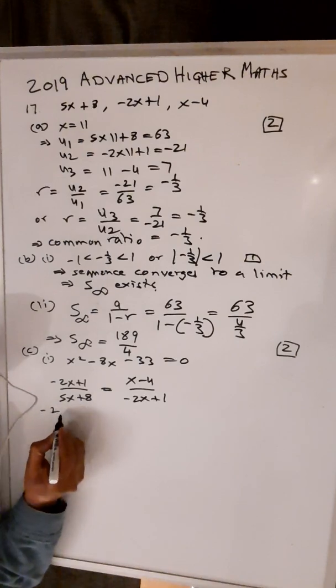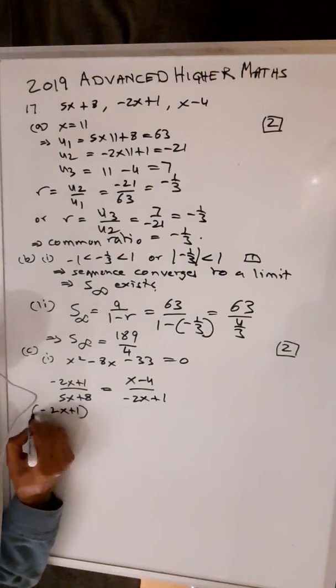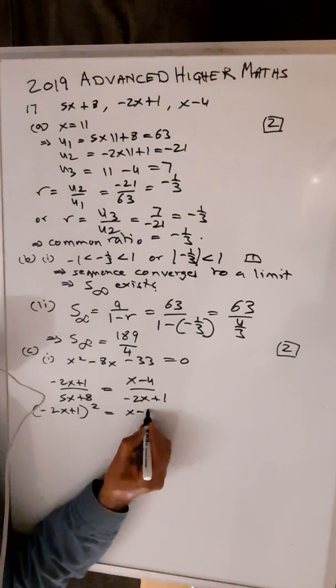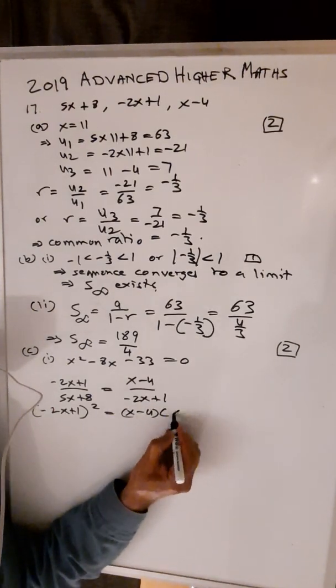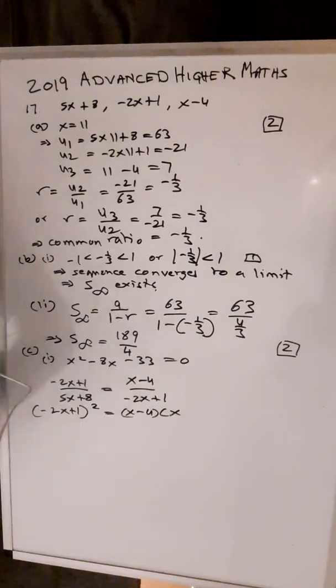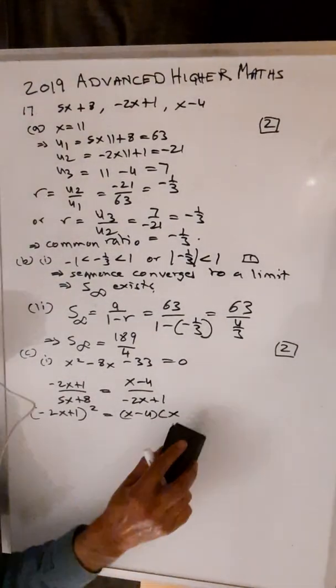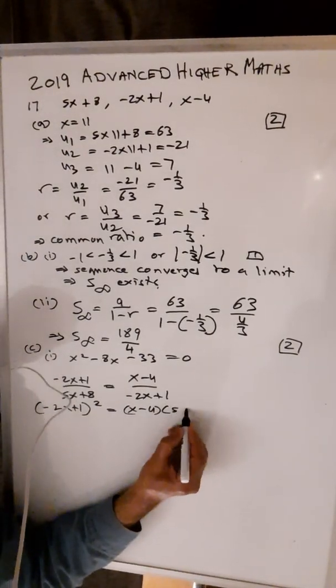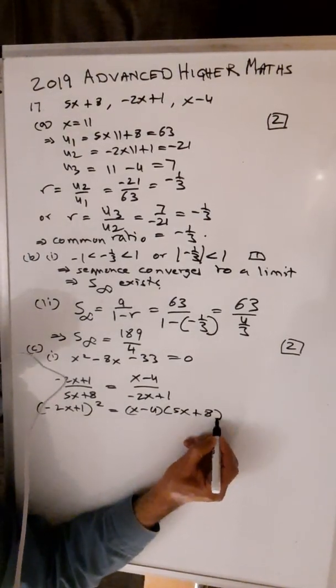So you go (-2x + 1) squared is equal to (x - 4) times (5x + 8).